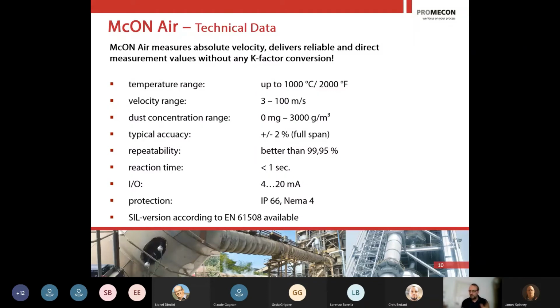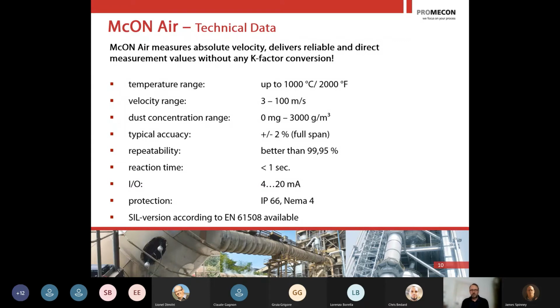So it's all possible for applications like that. For abrasive conditions, if you have a lot of dust there, we also have special sensors which are abrasive resistant, and they last for a very long time in these high dense flows.